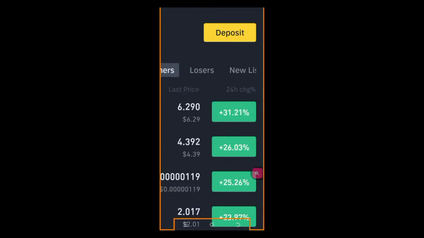When you see that a coin is already plus 31.21%, and this was just within the 24-hour time frame, it means that in the next 24 hours it would not fall below 15%. The reason is that there's no way it will totally go flat within the next 24 hours.